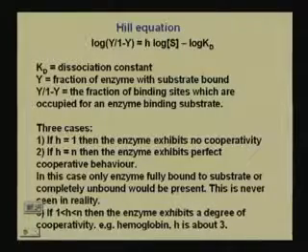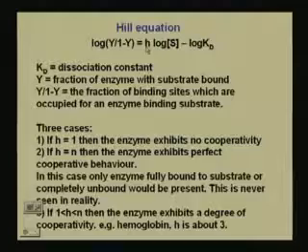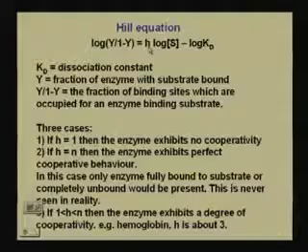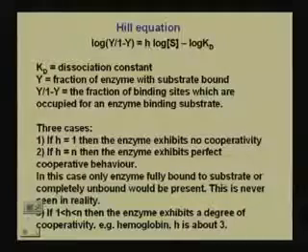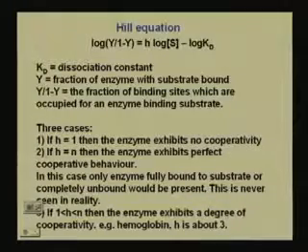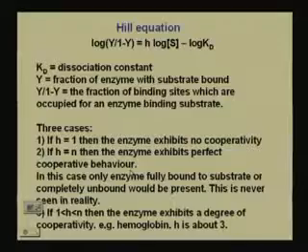We have three cases here. H can be 1, H can be N. What is N? N is the number of sites that you have. So what is N for myoglobin? 1. What is N for hemoglobin? 4.